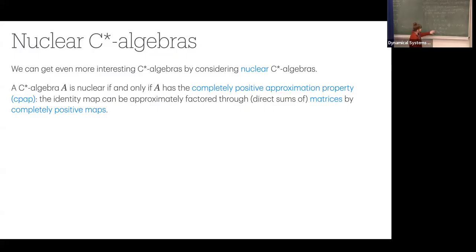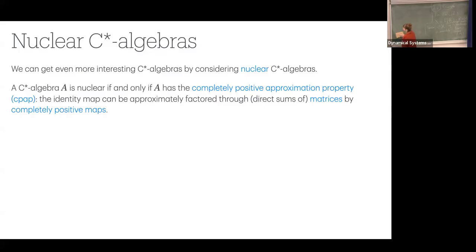Whereas before we were asking for actual finite dimensional subalgebras, now we don't quite have that because completely positive maps are not star homomorphisms. They're reasonably well behaved, but they're not multiplicative.